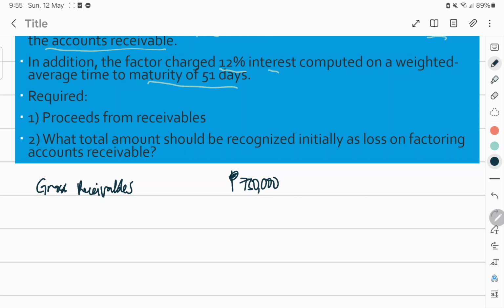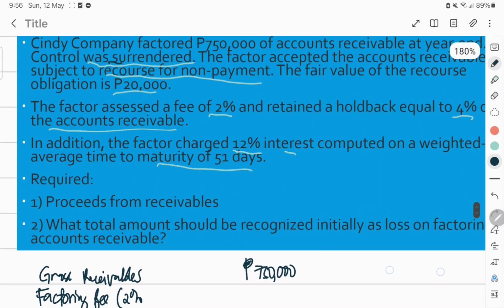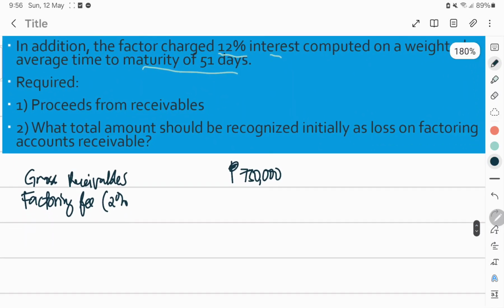And then we will deduct the factoring fee. The factoring fee is actually 2% of accounts receivable, which is 750,000. So, magkano ba yung 750,000 times 0.02. So, mag-deduct tayo ng 15,000.